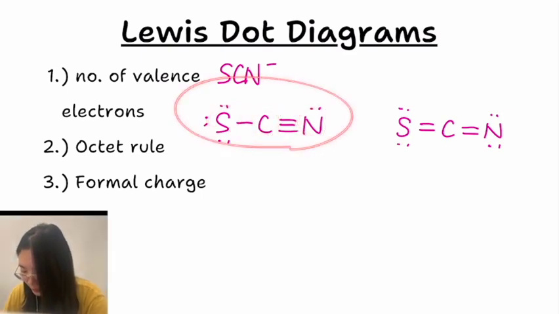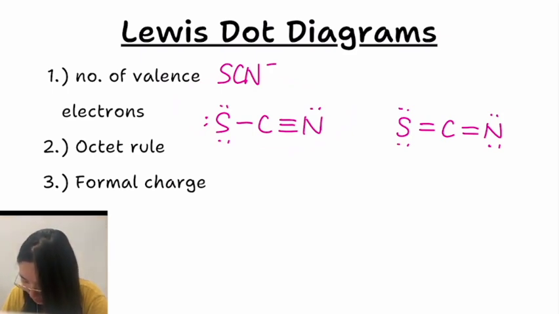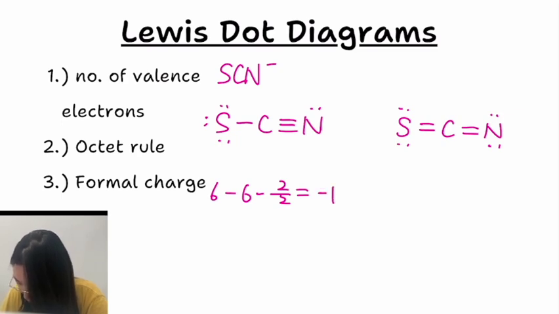I'm going to start from the left one. So the sulfur has the formal charge of 6, the valence electrons, minus 6, the number of lone pair electrons, minus the number of bonding pair electrons divided by 2, 2 over 2. So 6 minus 6 minus 1, that is negative 1.